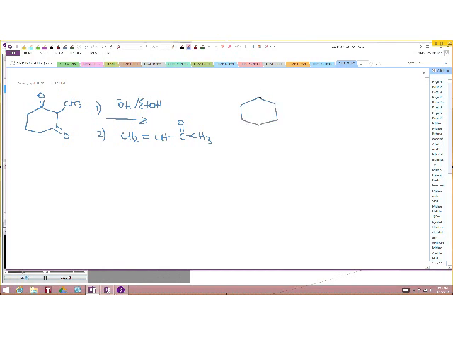Follow this very carefully now. What have I done here? This is a Michael addition reaction. You follow that? Of course, let me add step 3, you add acid.